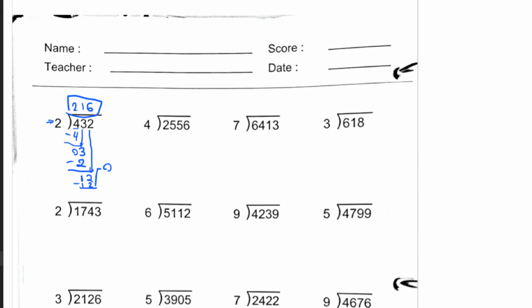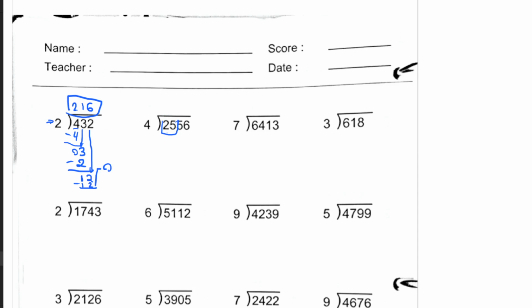So we first look at this 2. Can we put it into the 2? No, we cannot. So what we have to do is, instead of just dealing with 2 thousands, we're going to look at the hundreds as well. We're going to turn these 2 thousands and make this 25 hundreds. So we're not going to put anything in this block.